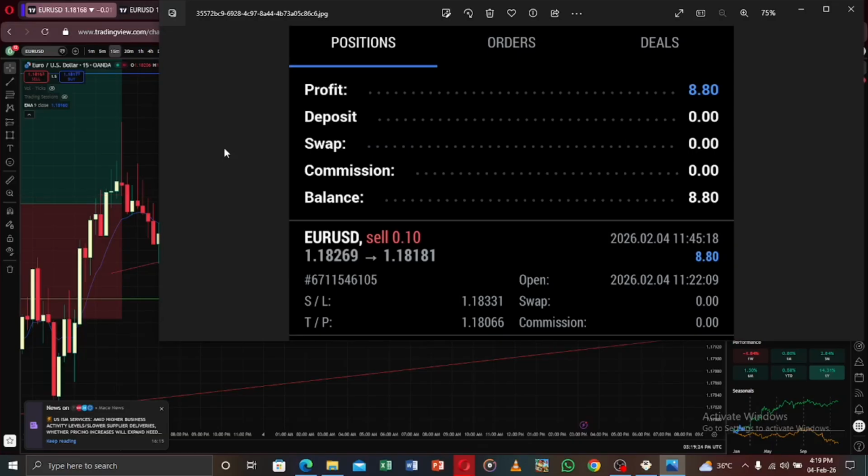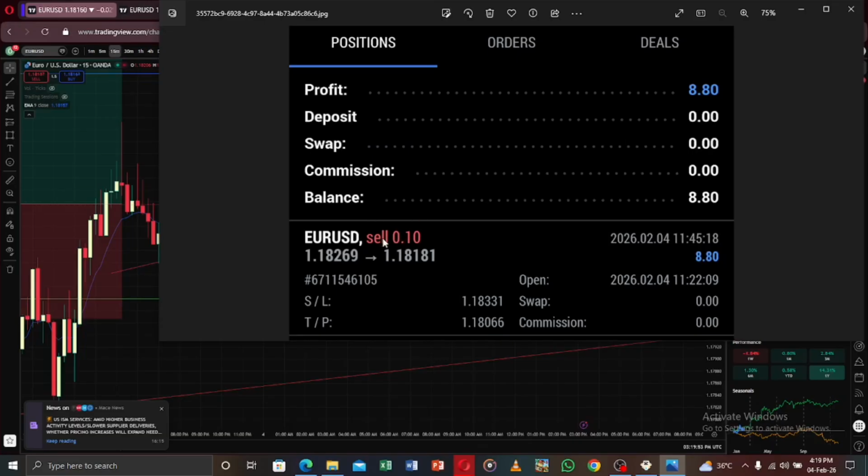But this one, I remember I told you I closed the trade early for roughly 2 risk to reward. But as you can see, this is not $30. This is 8.8.